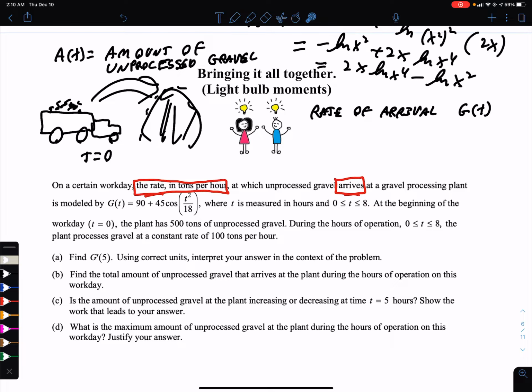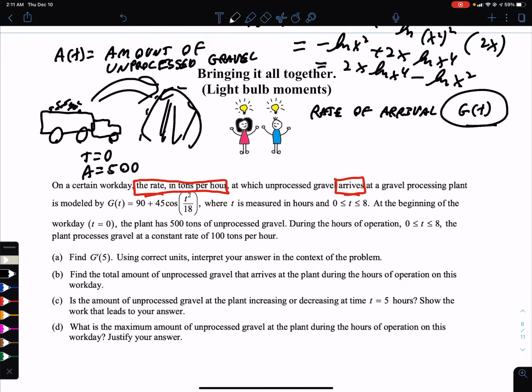When t equals 0, the amount of gravel is already, they're telling you, 500 tons. It's 500 before the day begins. There's already a mountain of gravel. And the rate at which it's arriving is G of t.